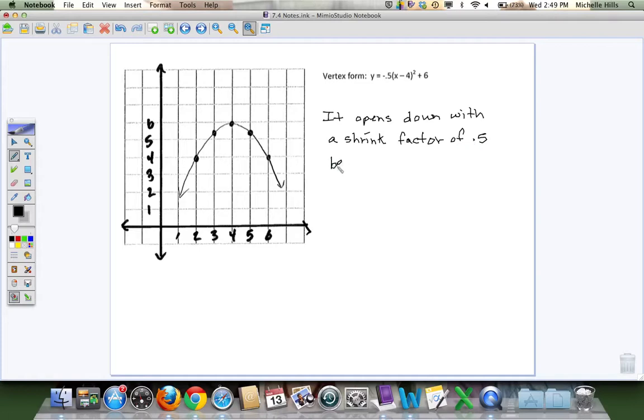because the coefficient of x squared is negative 0.5. The negative tells me it opens down. The 0.5 being less than 1 tells me that this is a shrink factor.